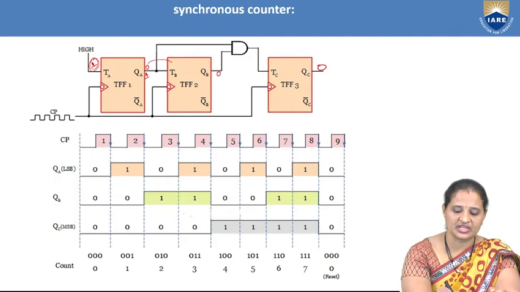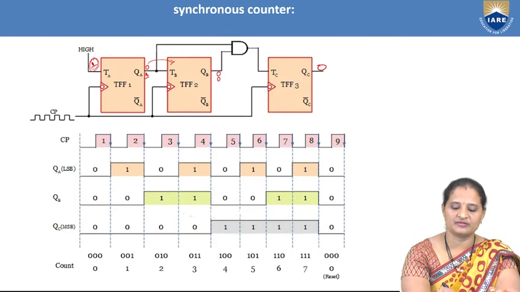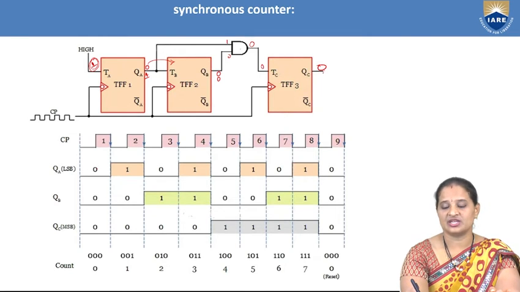Now this is pushed here, so the input of the second flip-flop is 0, and the output of this one is 0. The output of the first is 1 and the second is 0, so the output of the AND gate becomes 0. As the toggle input is 0, it remains in the present state, and hence the next state is also 0.